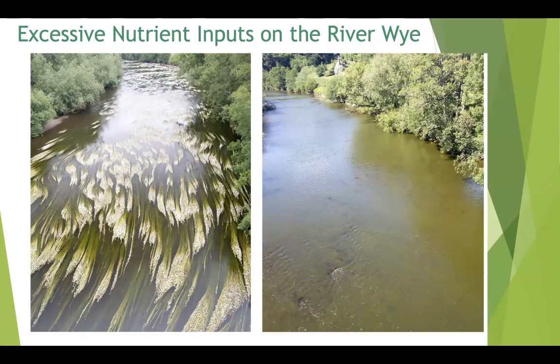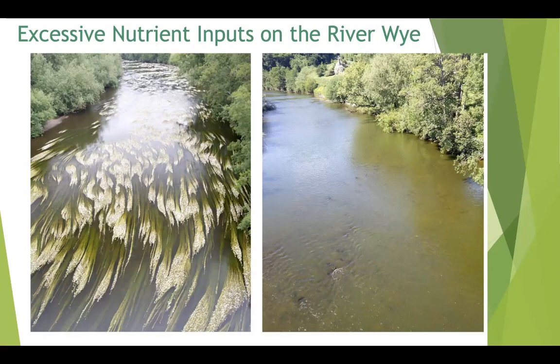If we look on here, you may have seen this earlier in the year. At the back end of last year, this was a problem on the River Wye that was brought to people's attention by the Wye and Usk Foundation. This is excessive nutrients flowing into the River Wye from its catchment. You can see exactly the same area of river. On the left, you've got the ranunculus beds, the water crowfoot beds, really lovely habitat with lovely white flowers, all creating lots of benefits for the river, particularly for the fish and invertebrates.